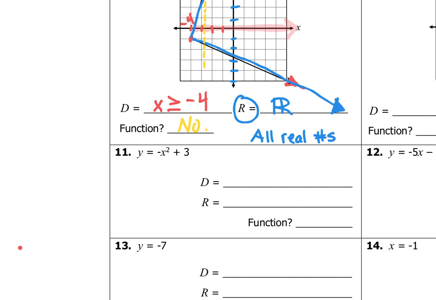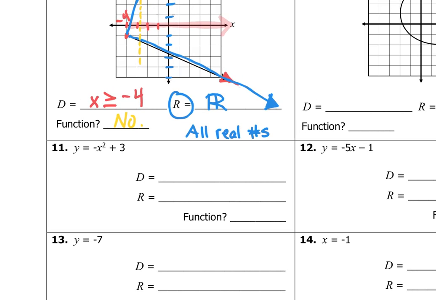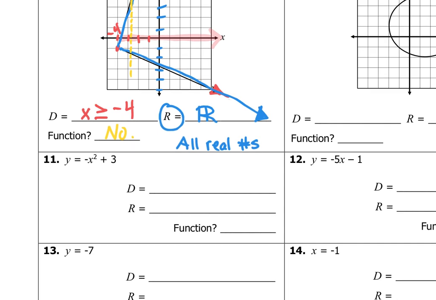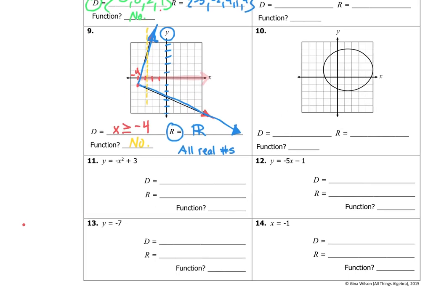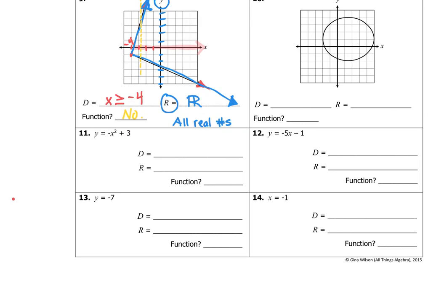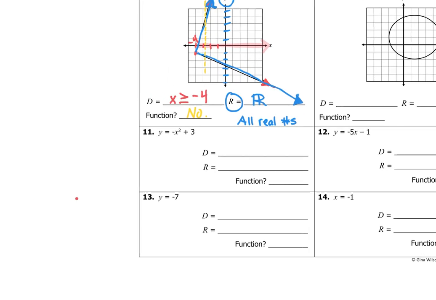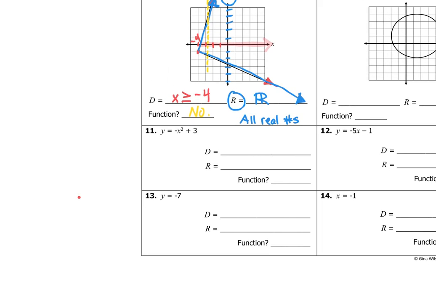Okay, let's have a quick look at number 11. Guess what? You are going to have the opportunity to use your iPads for the last 4 problems. There is a website that I'd like you to use, and it's called Desmos.com.